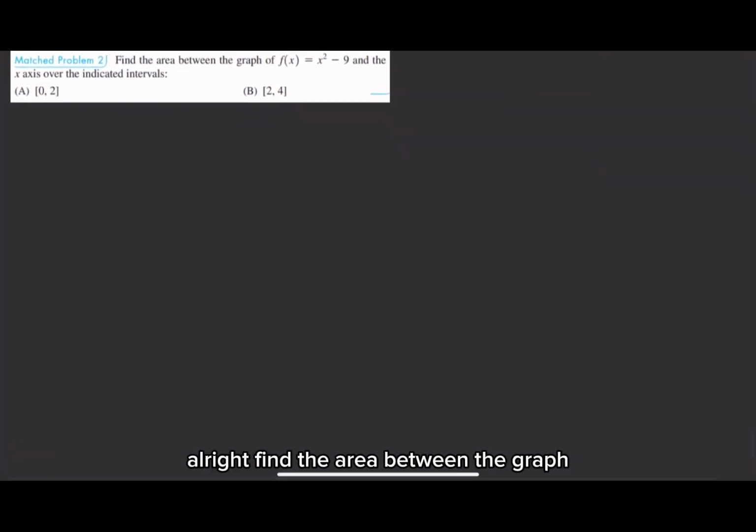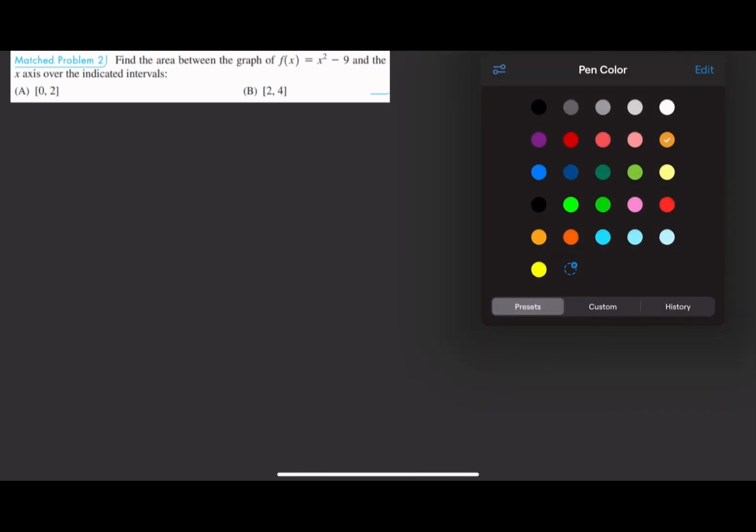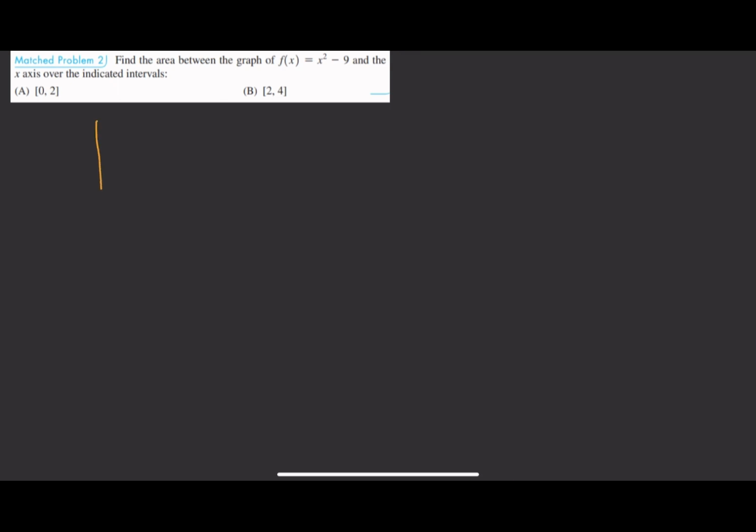Now moving on, right? Find the area between the graph f of x equals x squared minus 9 and the x-axis over the indicated intervals: a, 0 to 2, and b, 2 to 4. First of all, always remember, draw the graph, right? Always draw the graph.